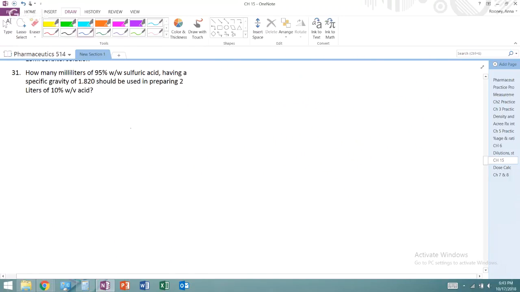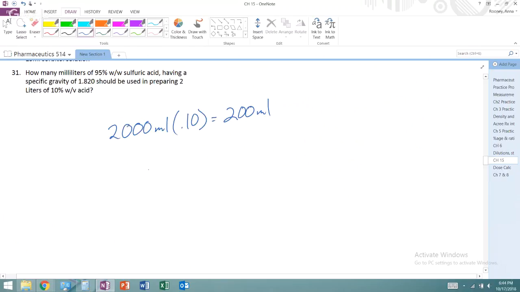So 2,000 milliliters, and we want to have it containing 10% acid, is going to be 200 milliliters. But what we have is a weight per weight, not a weight per volume. So this is our volume. So we need the weight, technically.